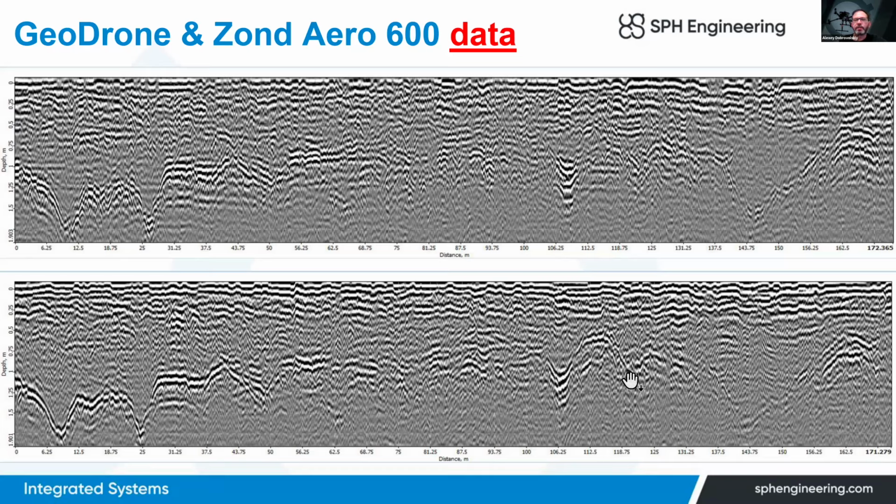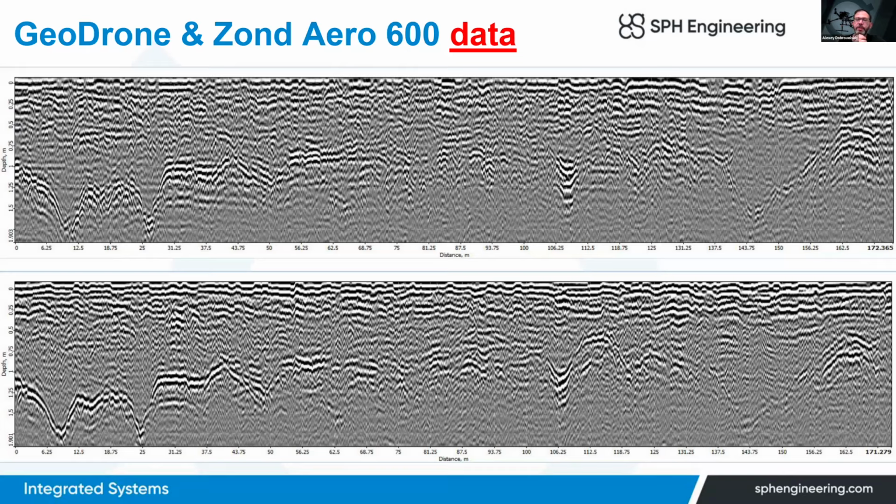There are, of course, some differences, and the main source of differences is that we did the tests at different times. For MALÅ GeoDrone, we collected the data set in the middle of summer, as I remember, in July. For Zontaira 600, we collected data in the middle of September.